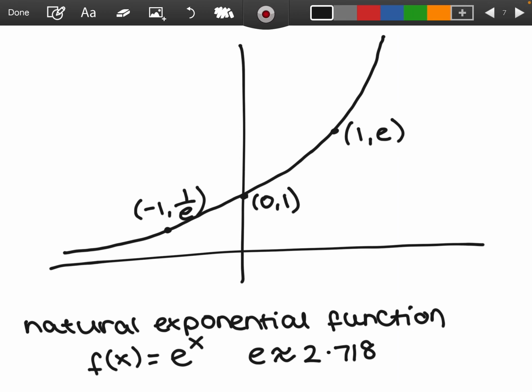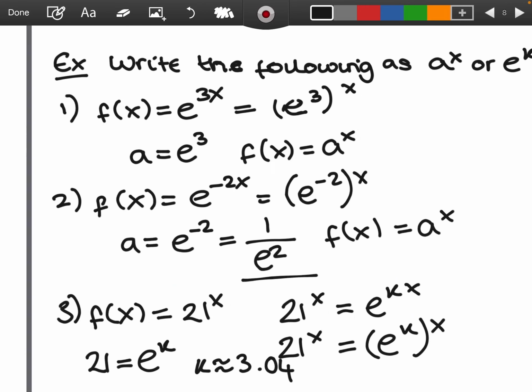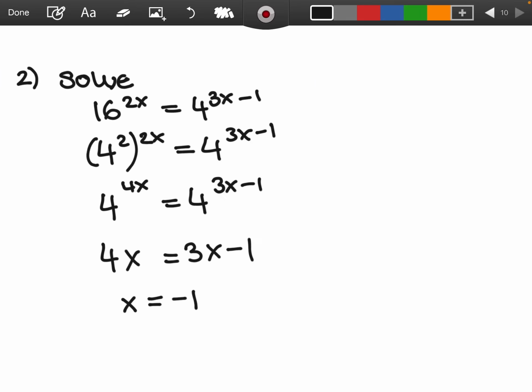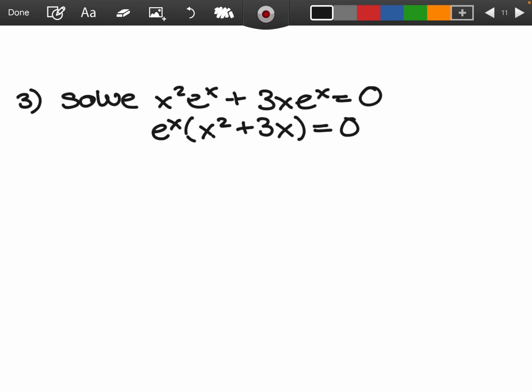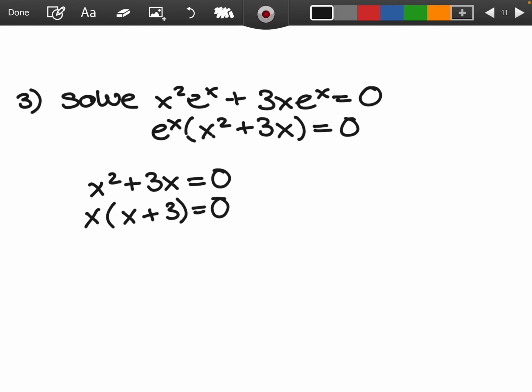If I go back to my graph of e to the x, which we have back here, as a standard exponential function, we know that it never hits that x-axis. So I know that e to the x, my function value, can never equal 0. That means e to the x never equals 0. So the only possibility that I have is that x squared plus 3x equals 0.